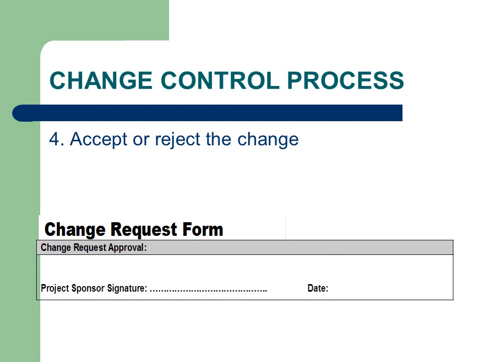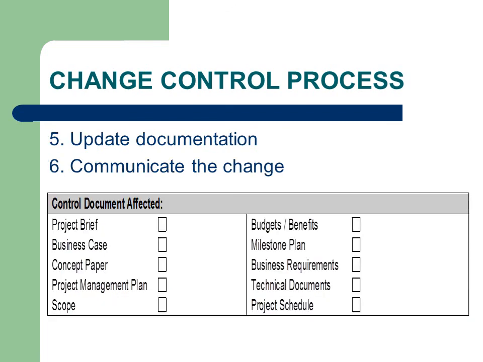Next, the change must be accepted or rejected. Once the impact assessment is completed, the project sponsor and key stakeholders must formally accept or reject the change. This result must then be updated in the Change Control Register and communicated to the project team and all stakeholders.